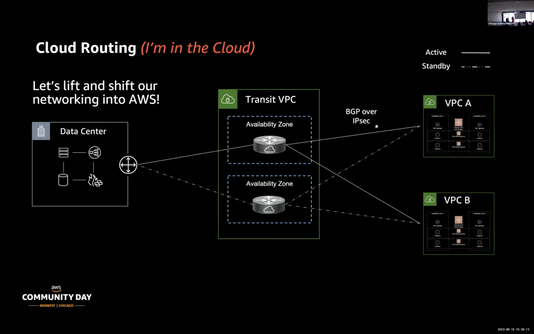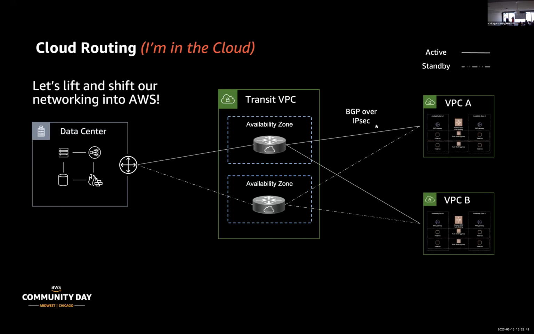So in this design, communication from VPC A to B will stay in the cloud because it's going to route through this transit VPC. And in this transit VPC, we're going to place 2 appliances. In this example, they're Cisco CSRs. These Cisco CSRs are going to use BGP over IPsec to each VPC that we have, and there's going to be a lot of them.